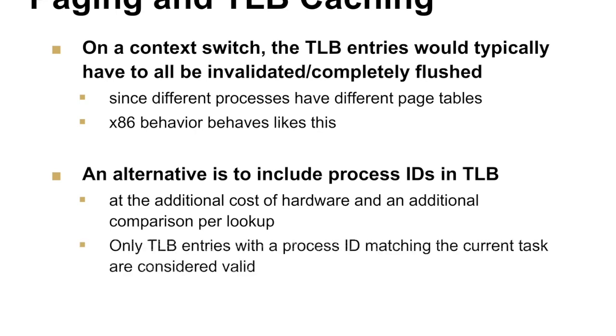So the additional hardware costs come along. But the nice thing is we don't have to swap things in and out on each context switch. We can let things naturally progress. And then if we're switching back and forth between processes, we could have all the information in there. And there are different CPUs that use these different mechanisms.